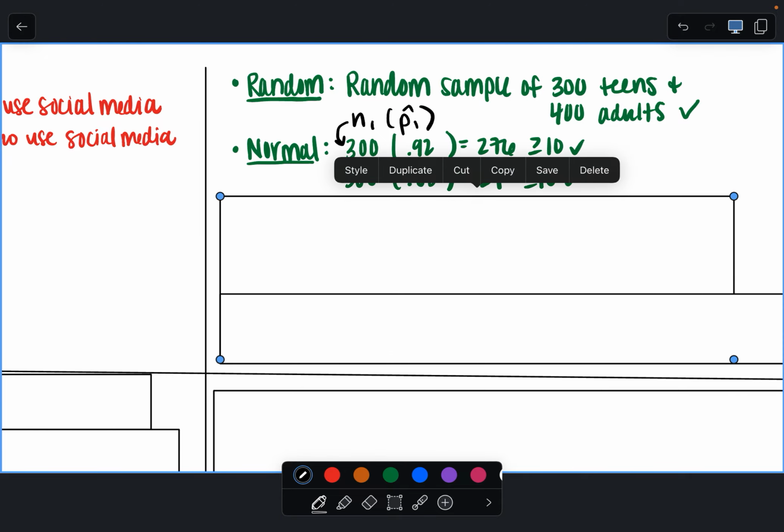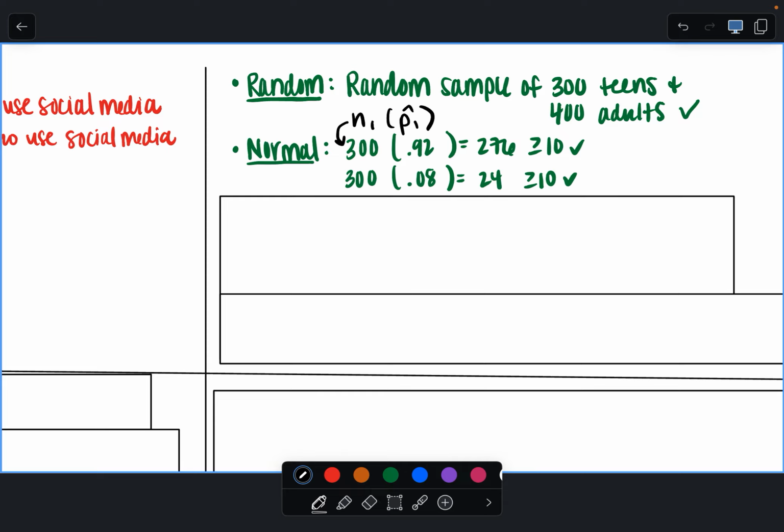That would be fine, where I could just say 100 is bigger than 10. In this case, they said that 92% of teens use social media. So because of that, I had to actually multiply it out. That gave me 276. I did 1 minus 0.92, which is 0.08. That gave me 24. And so both conditions are bigger than 10. So we are okay on the front of looking at the teen sample size.